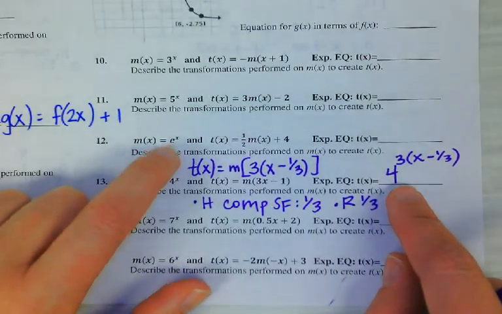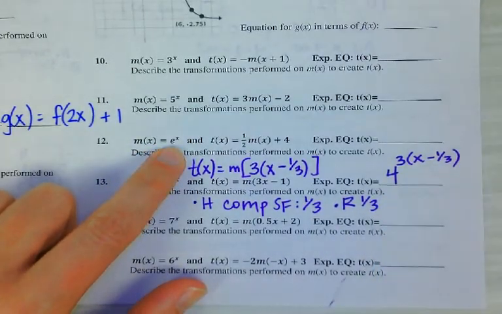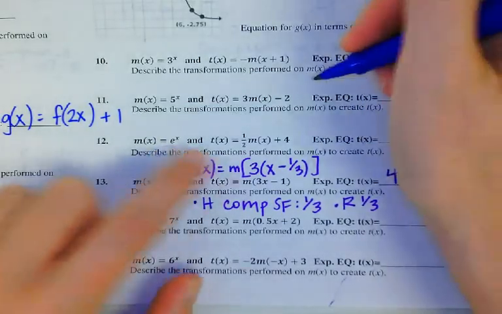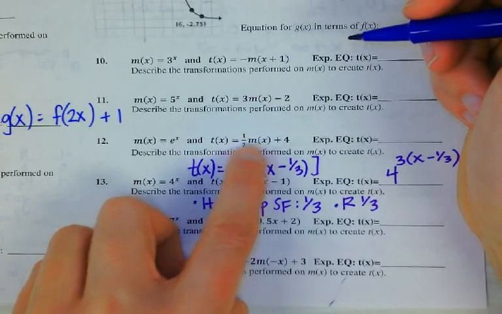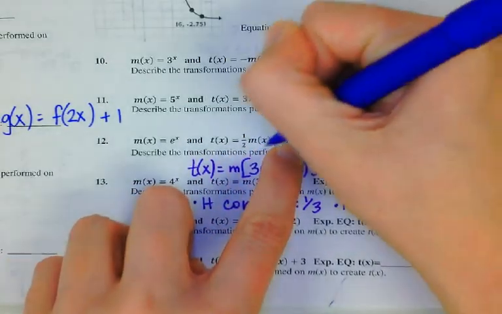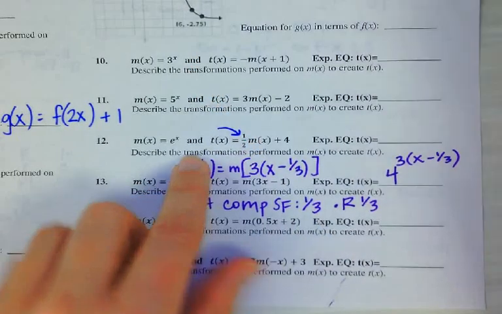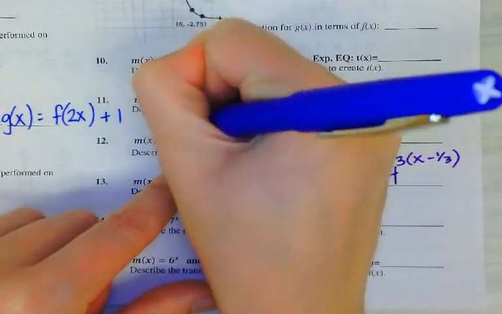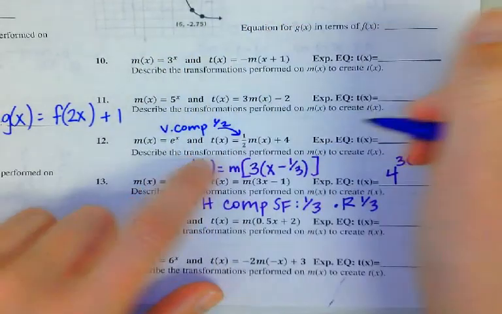Okay, so 12 had a base of e. Oh, I've written way too much. And then I can see m of x here, where the 1/2 is clearly in front, and this plus 4 is not with x at all. So it looks like this is going to be a vertical compression of 1/2.